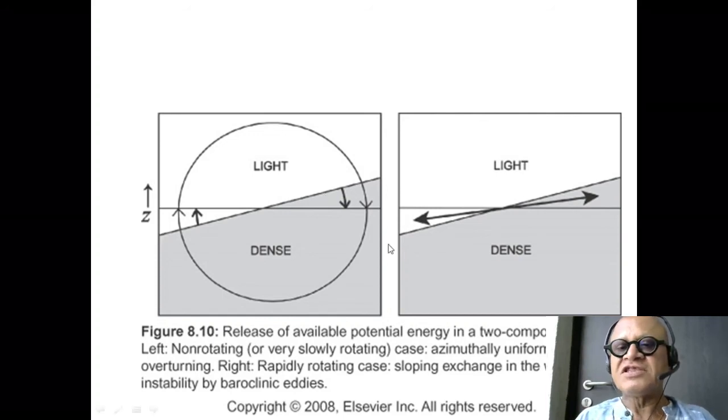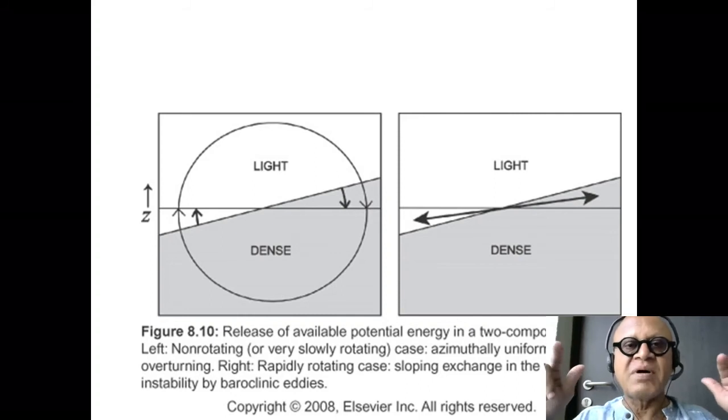The interface can be maintained, and the exchanges because of this release of available potential energy will happen back and forth along this wedge here. Okay, so that's where the instability of the baroclinic eddies comes in.